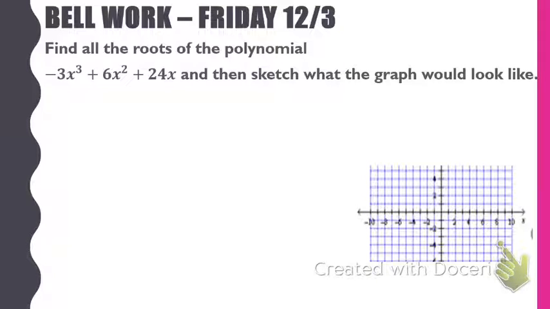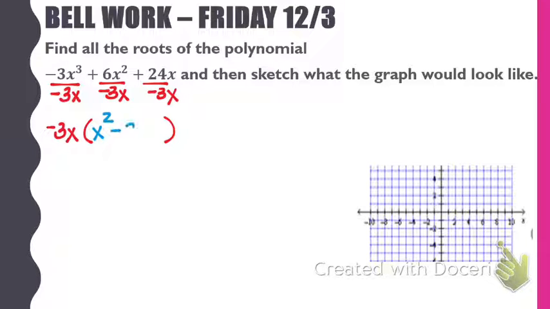So I'm going to divide everything by negative 3x. And when I do that, I'm left with x squared minus 2x minus 8.